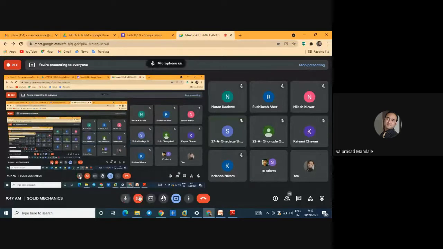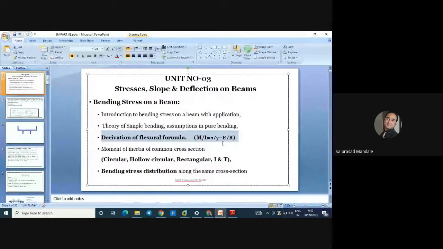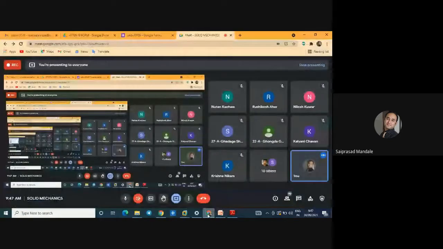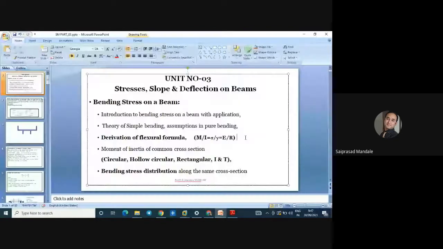Nobody will ask you to prove this flexural formula, but when there is external examination, the external examiner will definitely ask you what is the flexural formula and what are the different units of the terms utilized in that, and explain M, explain I, explain sigma, explain Y, explain E, and explain R. My screen is visible to everybody now. As far as strength of material is concerned, nobody will ask you the derivation in the examination, but this formula is very important for us.